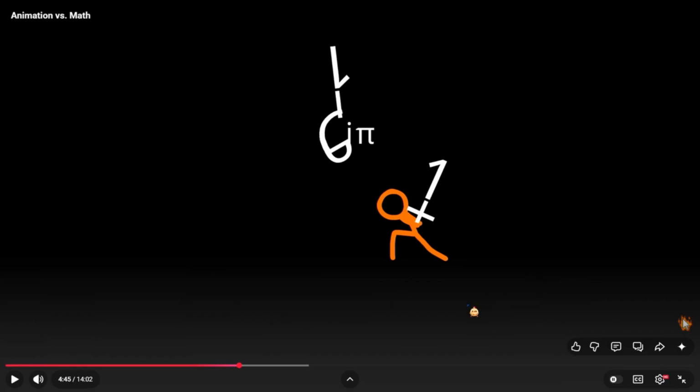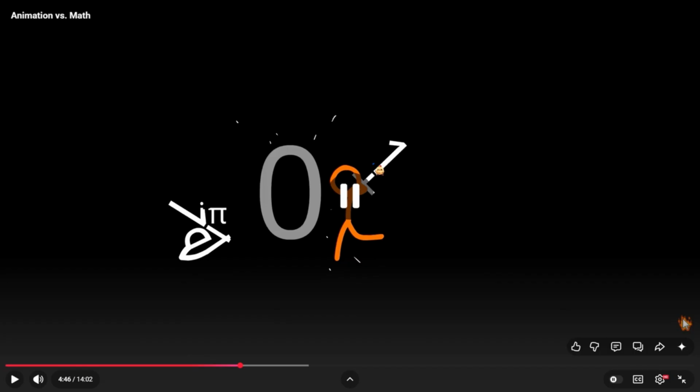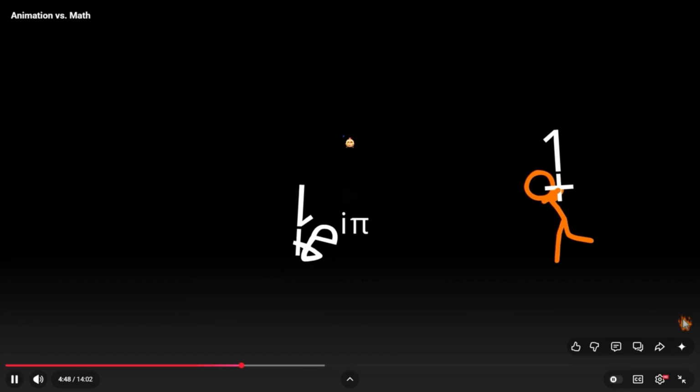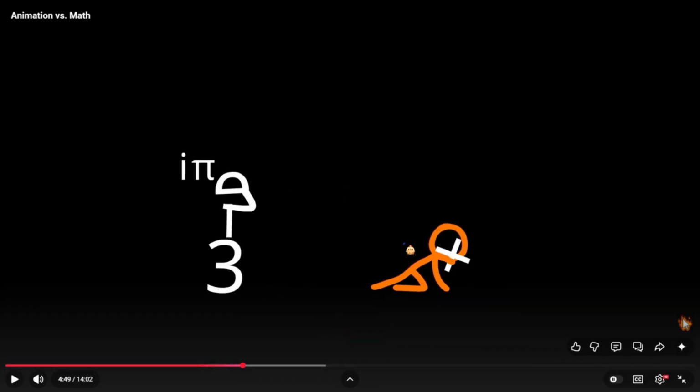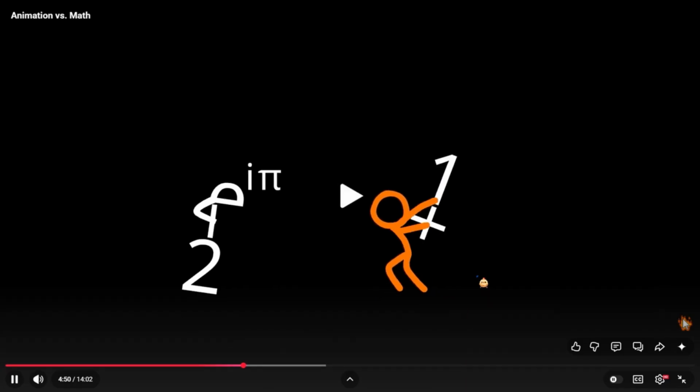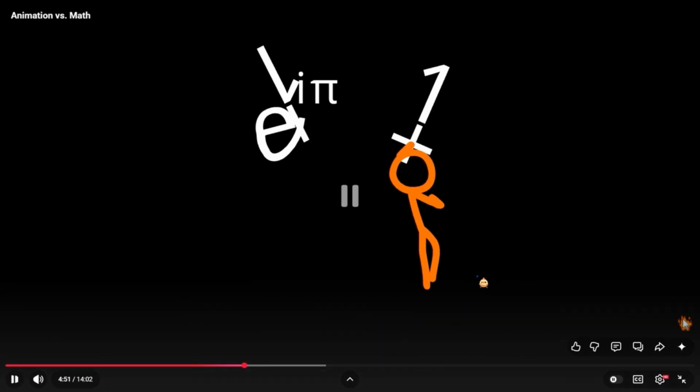Boom, there's a 0 in the middle. When it collides here, there's a 0 because -1 plus 1 is 0. 1 plus 1 plus 1 is 3. And then this becomes 0. So they just go boom, boom, and then they just keep going.